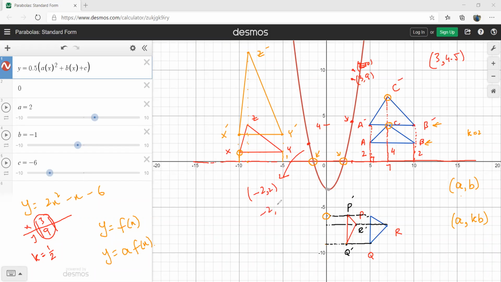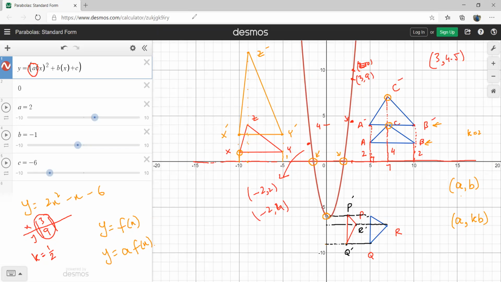So let's multiply this equation by 2. I remove this 0.5 and make it 1 now. Can you see this point now? It has been moved to minus 2 comma 4.